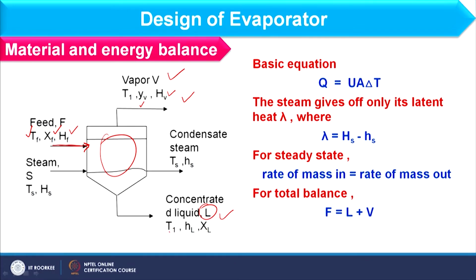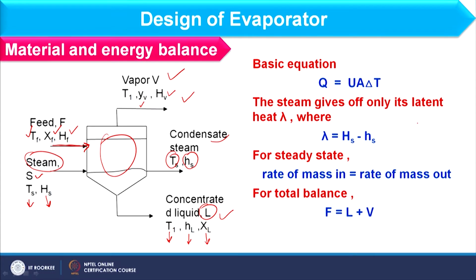Similarly, liquid is also available at T1, includes enthalpy HL and has concentration XL. As far as the heating media is concerned, we use steam with flow rate S, temperature Ts and enthalpy Hs, and condensate comes out at Ts and contains enthalpy Hs.